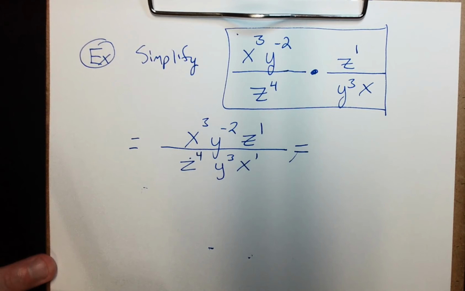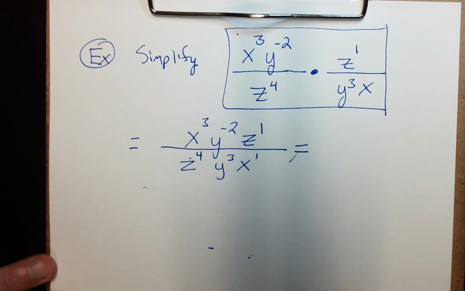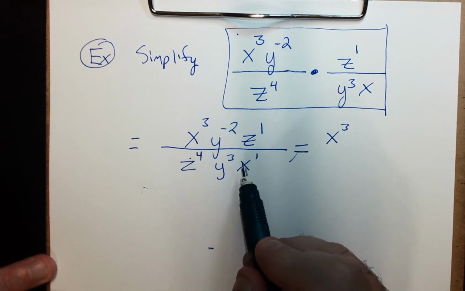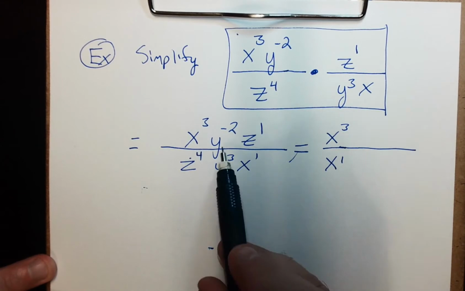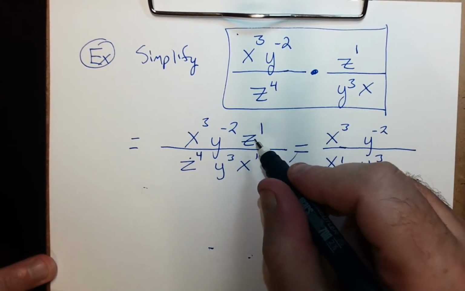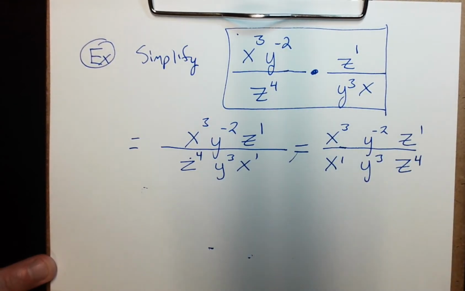Well, multiplication is commutative, which means I can change the order that we write these in on the top and the bottom here. So I can just put my x's together, like x to the 3 is on top, and then there's another x on the bottom. And then for y's, there's a y to the minus 2 on top, and a y to the 3 on the bottom. And z's, there's a z to the 1 on top, and a z to the 4 on the bottom.